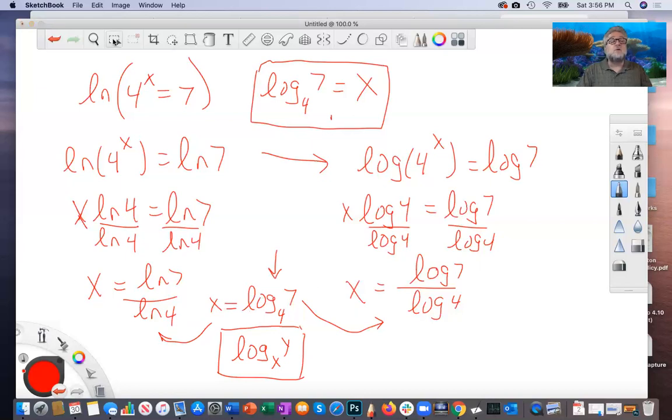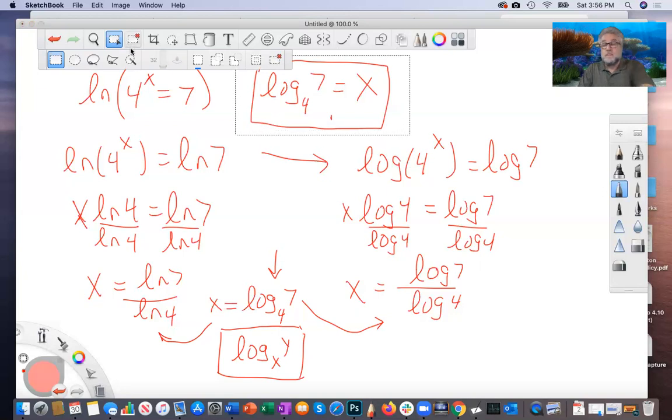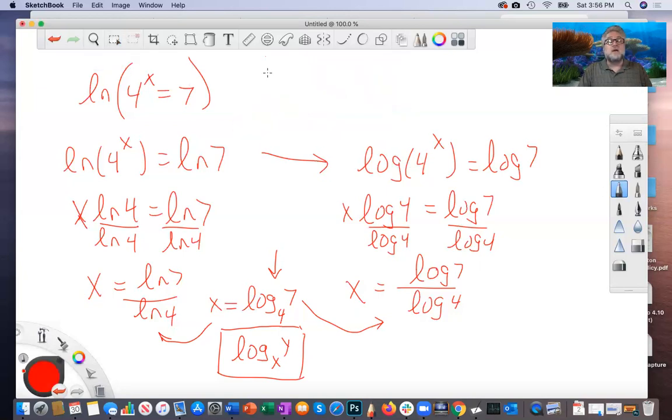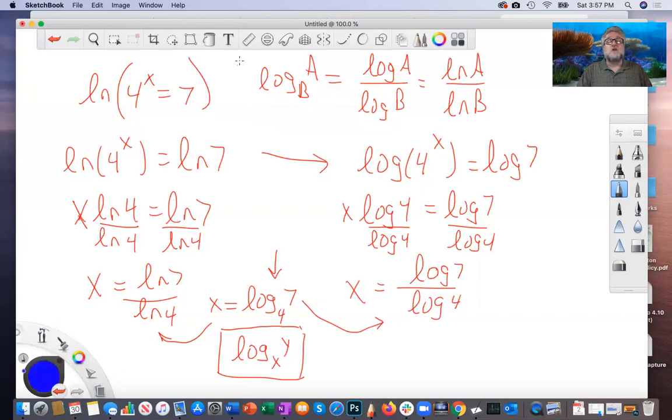So anytime you see a log function that has a goofy base that's not base 10, like common log or natural log, if I have log base b of a, I can write that as log a over log b, or I could write it as natural log a over natural log b. And this is referred to as the change of base formula.